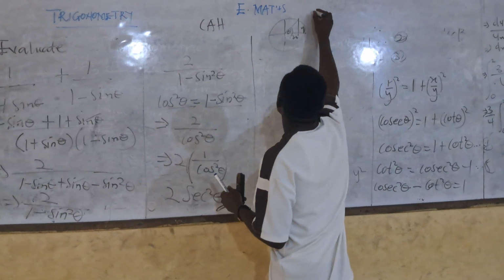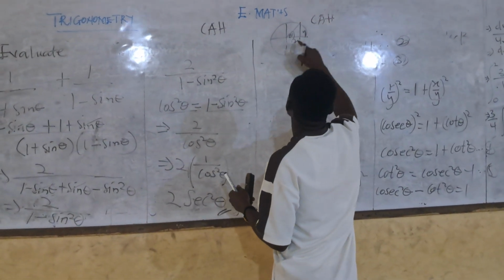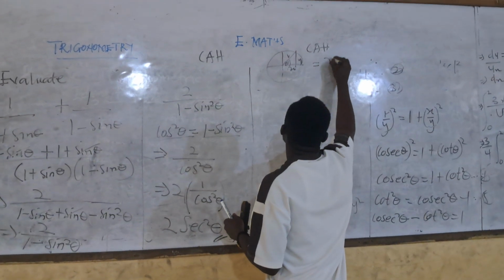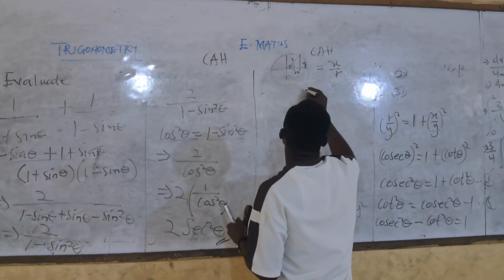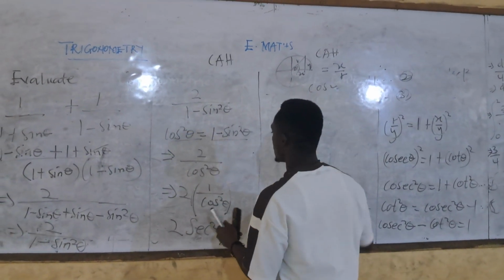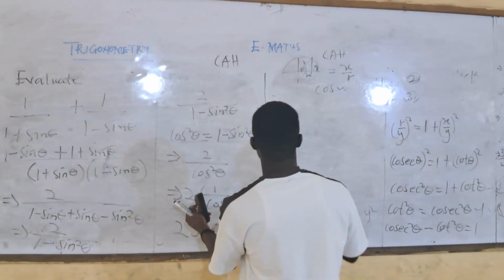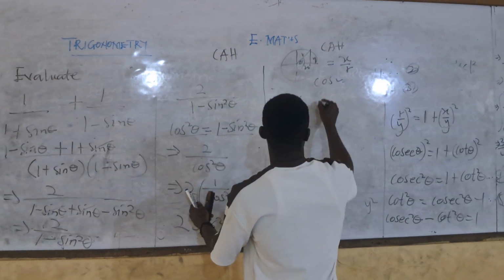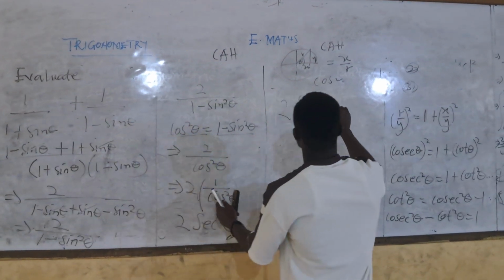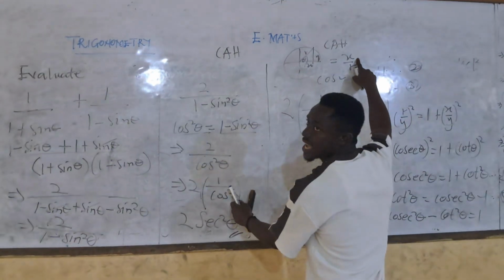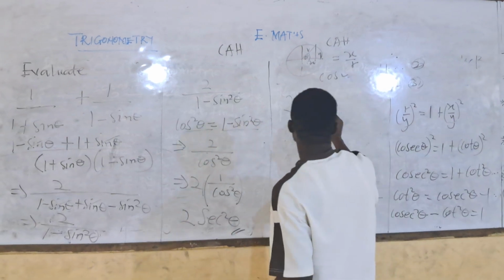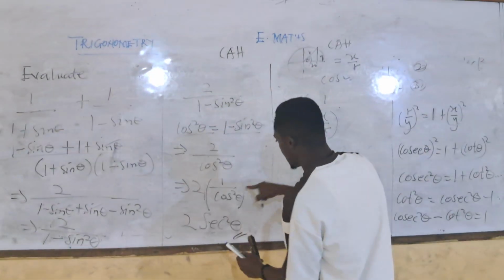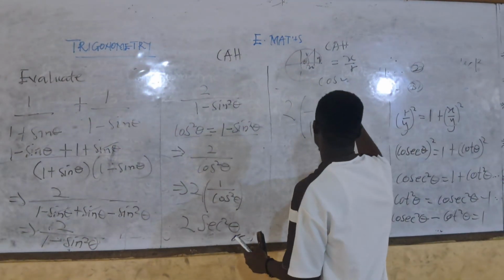We saw that adjacent over hypotenuse, X over R, was cos. So after factoring 2 out, you are going to have 2 into brackets 1 over, and what was the cos ratio? Cos ratio is X over R. And since it is squared, we put everything to square.